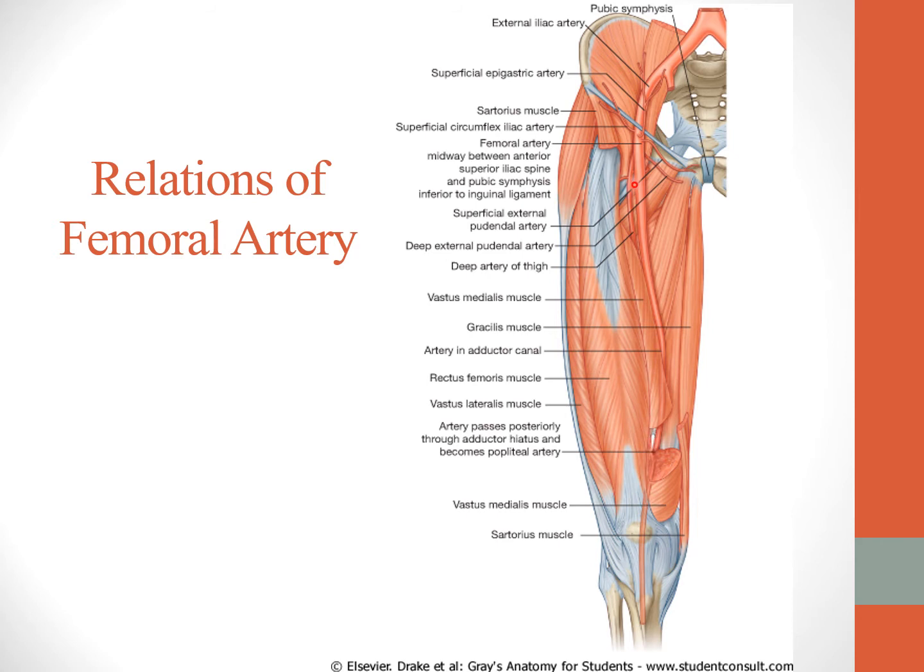So it runs downward and almost medially, running at the lower part just below the rectus femoris muscle and over vastus medialis. So that is the extent of the femoral artery from the inguinal ligament till the adductor hiatus, where it becomes the popliteal artery.